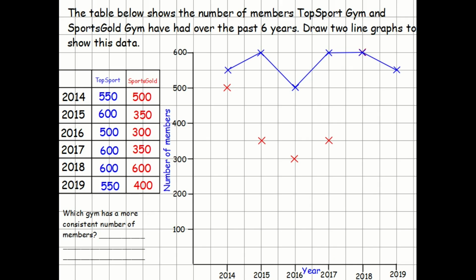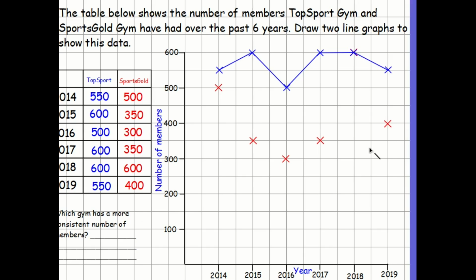And in 2019 they had 400. And then let's join that up with a nice straight line between each point.